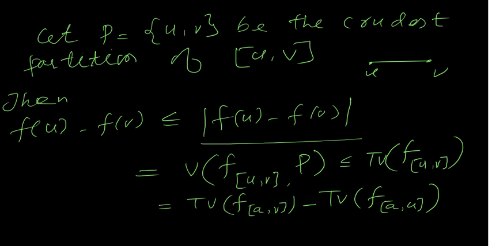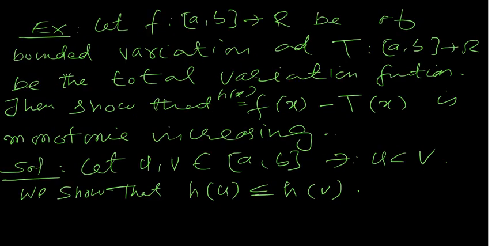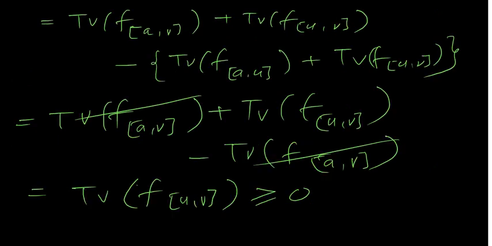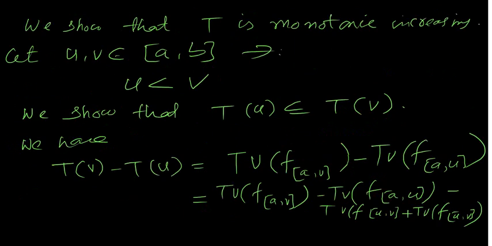If you want to look at it again, here we have seen it. This total variation over uv is equal to this total variation over av minus total variation over au.